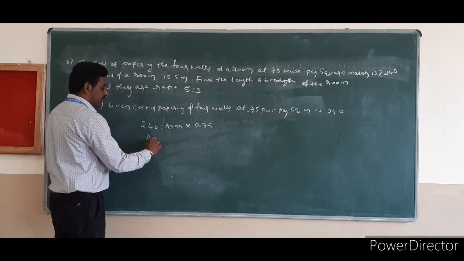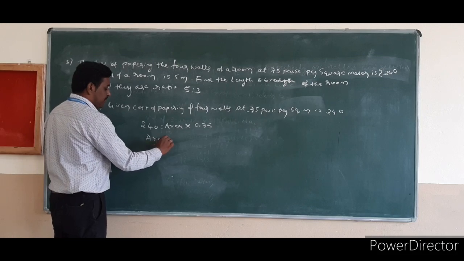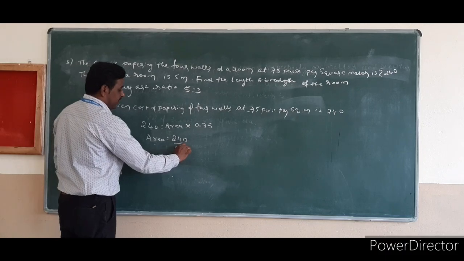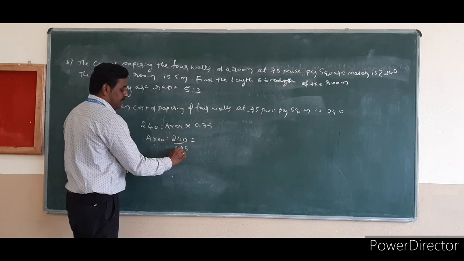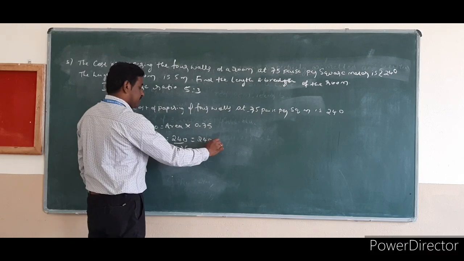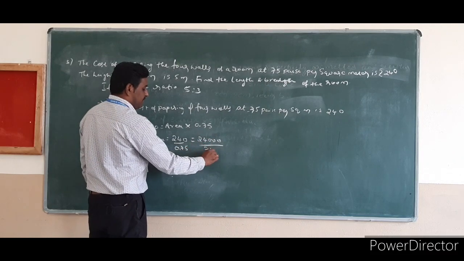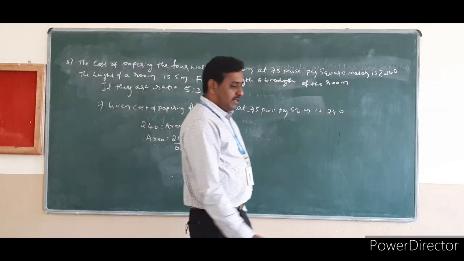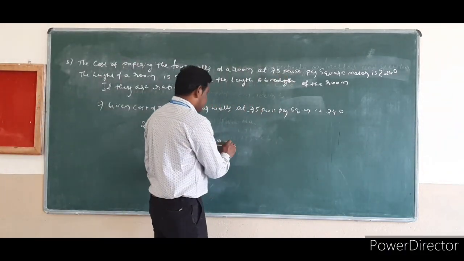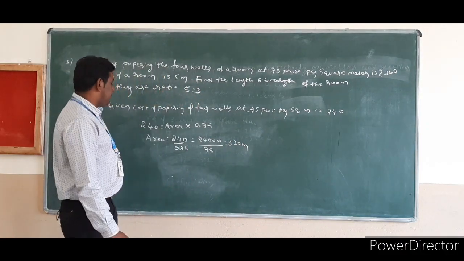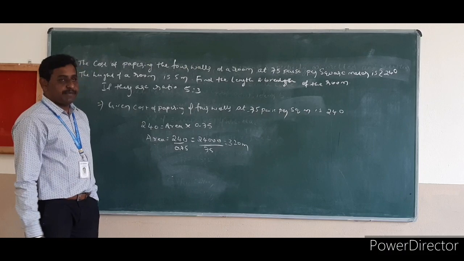First we have to find the area. 240 divided by 0.75. If you multiply by 100 on both sides, the point shifts, and then you can easily cancel. You will get 320 meter. The area is 320 square meter.